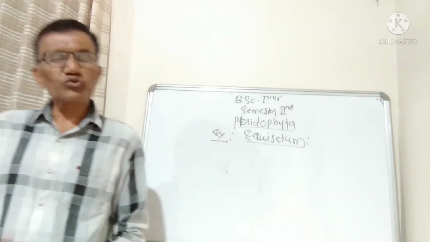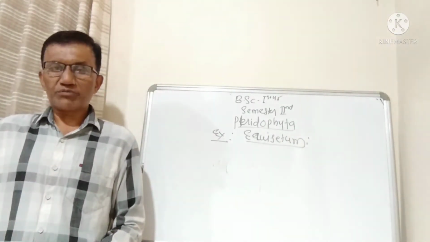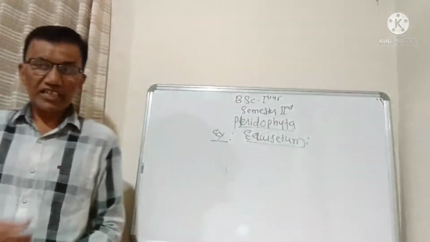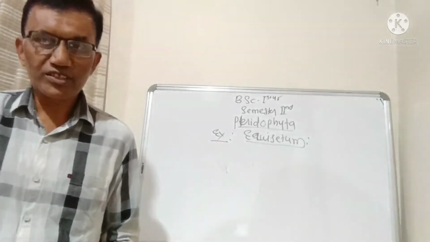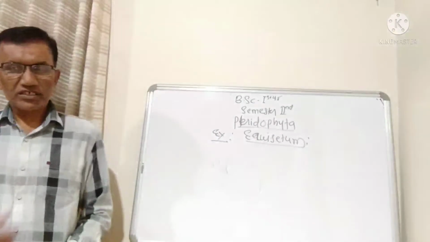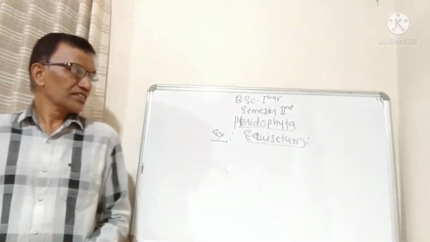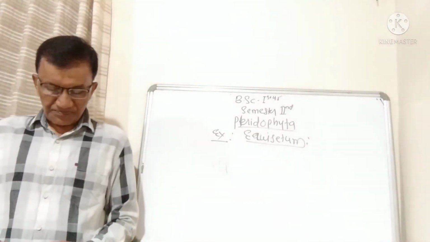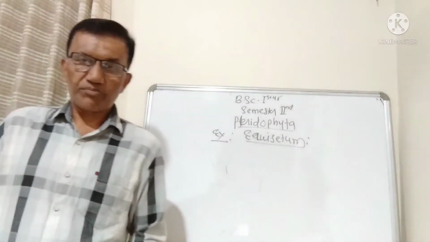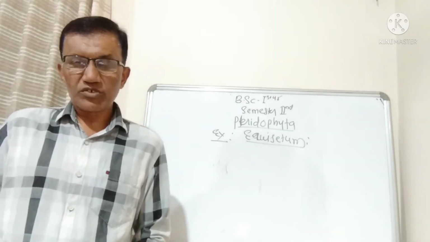Within 2 to 3 periods I will complete all these things, and after that the last bit of this paper is stellar evolution in case of Pteridophyta. What are the different types of steles present in Pteridophyta in different examples? As per my knowledge, your practical exam is going to be conducted on 29th of July.